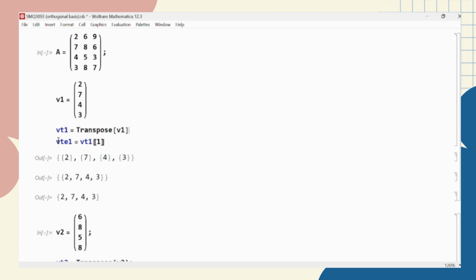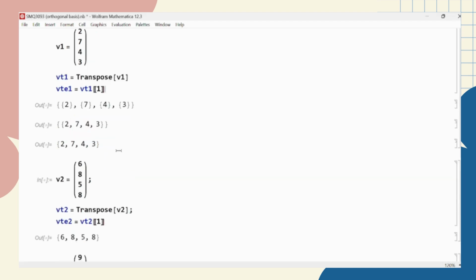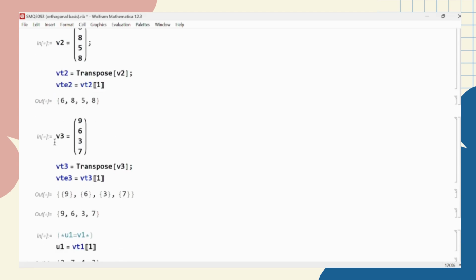After we transpose, we need to assign a new variable, so it will select the first row of VT1 and assign it to VTE1, and we need to repeat the same process for V2 and V3.